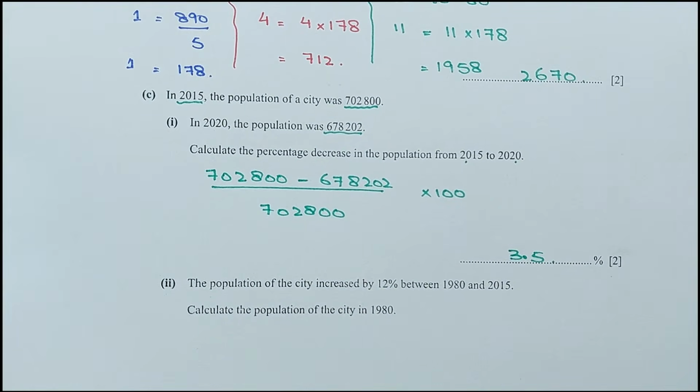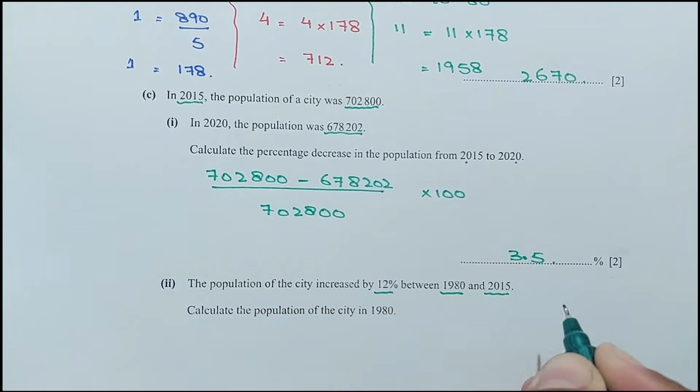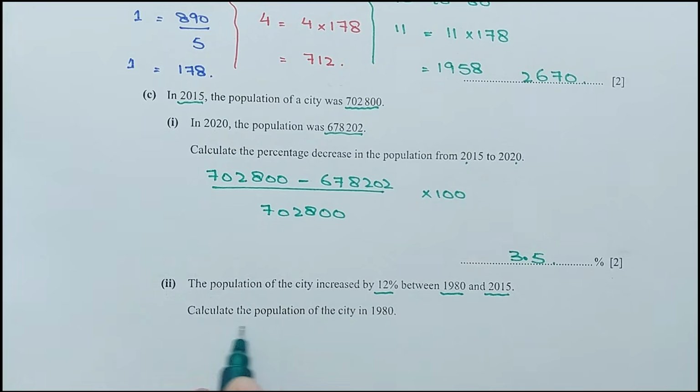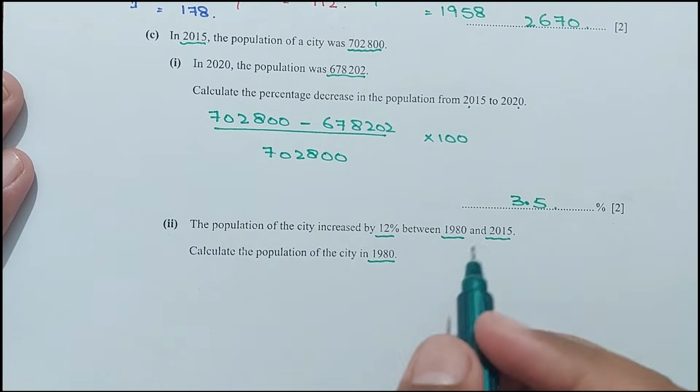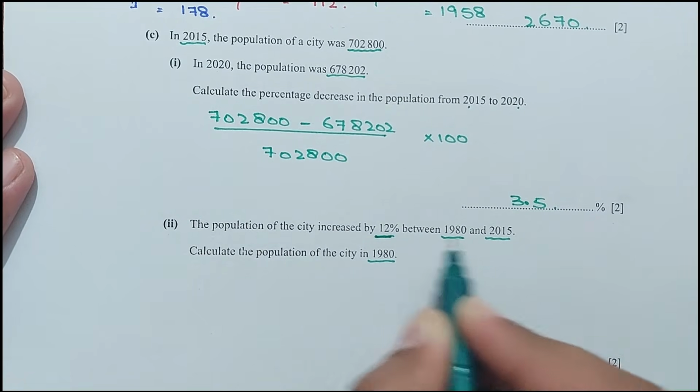Now for the second part: the population of a city increased by 12% between 1980 and 2015. Calculate the population of the city in 1980. So the population has increased by 12% between these two years.